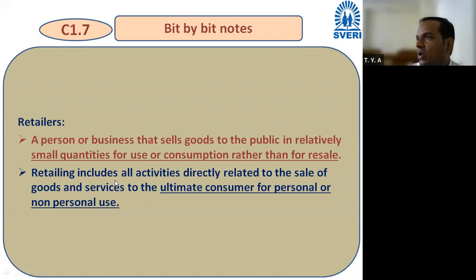Retailing includes all activities directly related to the sale of goods and services to the ultimate consumer for personal and non-personal use. So directly to the customer, so that that particular person directly uses it and directly gives money. इथं उधारीचा वगैरे बाजार नसतो. If it is there, he will be at a very big loss.